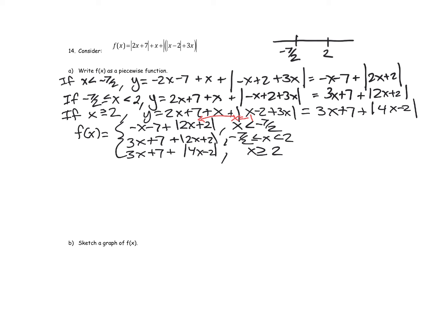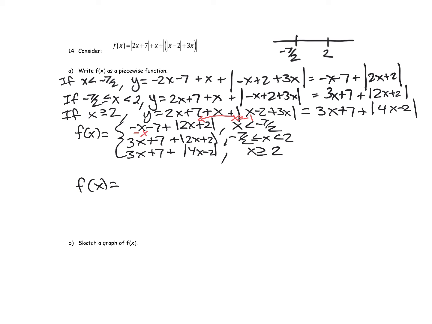So if I'm already only putting in values for x that are less than negative 7 halves, I know that 2x plus 2 is always going to be negative. So that piece is always going to then be negative x, let me write it down here.